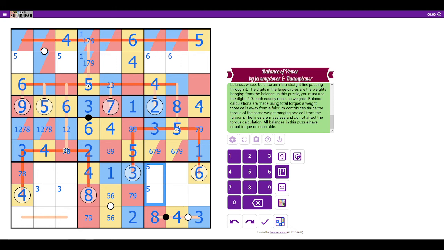Do I have all the 4s? I do. Do I have all the 5s? Not even close. 6s. Getting close, but not quite. Well, 6, 6, 6 forces one of those to be a 6.